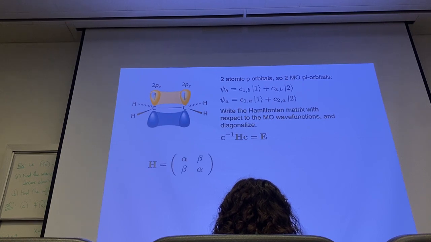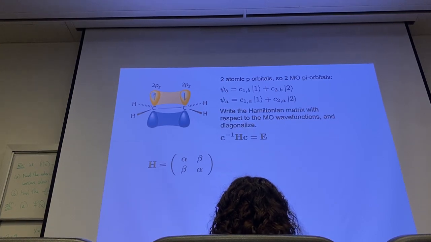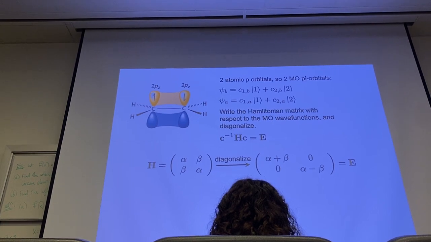So in this case, our Hamiltonian looked like this. This is the Hamiltonian matrix. It is of course composed of these alphas and betas within the Huckel approximation. That is how we construct the Hamiltonian, diagonalize it, and after diagonalization, we find things on the diagonal.